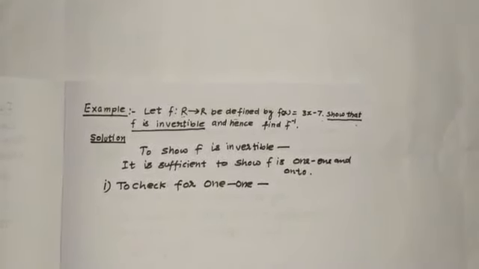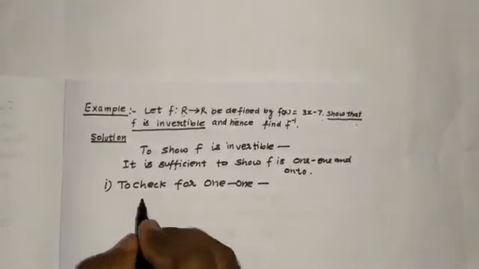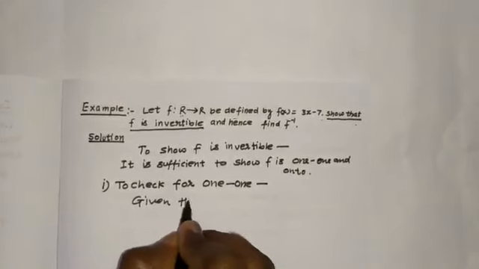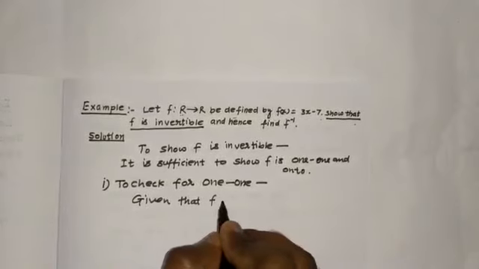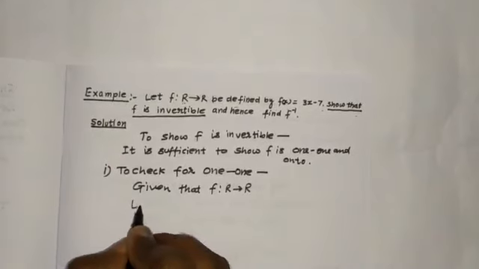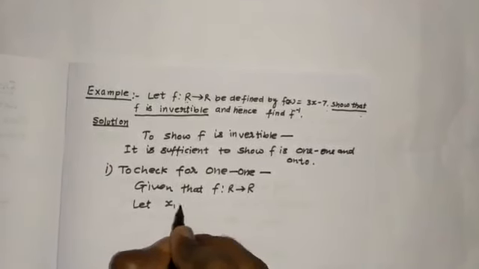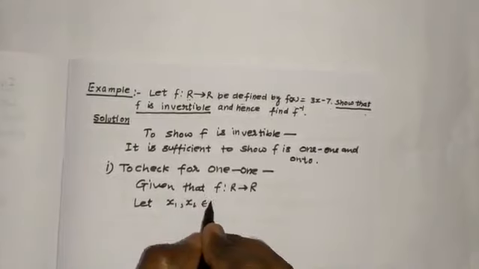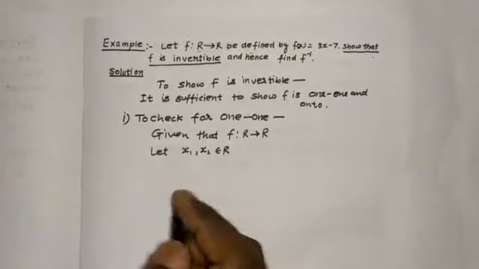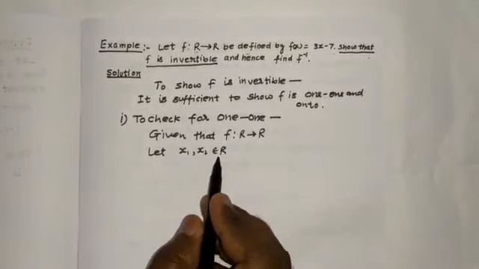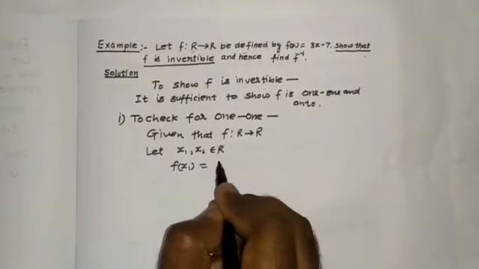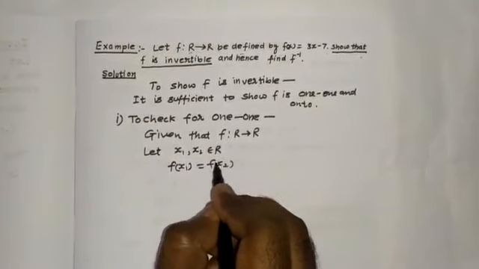How do you check for one-one? If a function f from R to R is given, that f maps from R to R, let two elements x1, x2 belong in the domain set R, such that f(x1) equals f(x2).